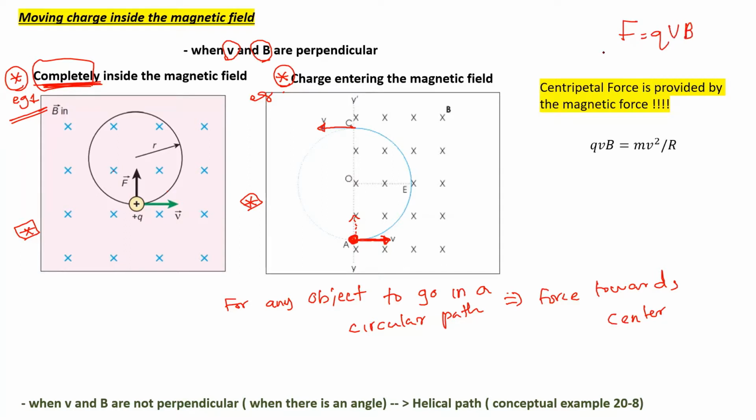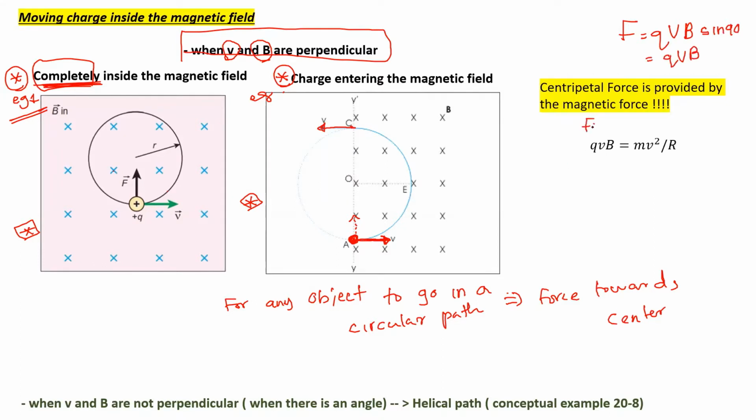But like I said at the beginning, in these two scenarios, always your velocity and B field will be perpendicular to each other. So your sine theta is 90, right? So it leaves you QVB.